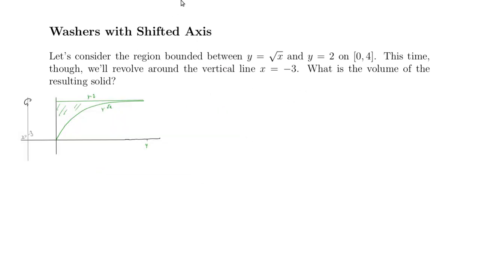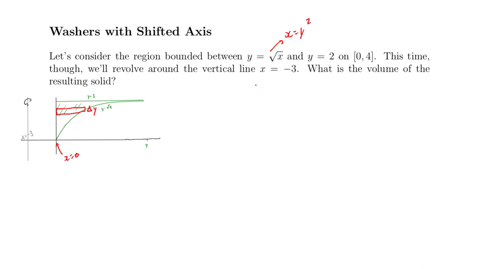So when we're using washers and we're revolving around this line that's parallel to the y-axis, we're going to create some rectangular cross sections that go this way. We're going to have a delta y. So right off the bat, we're going to see that we need to translate this. So we're going to be looking at this function x equals y squared. And you notice our bottom function, or our leftmost function here, is actually x equals 0.